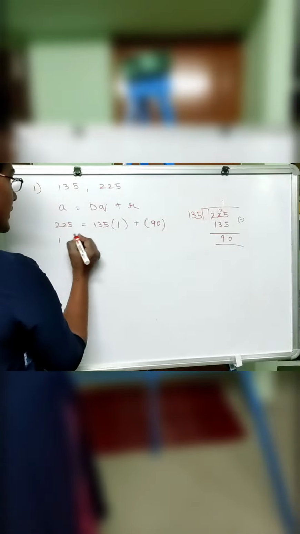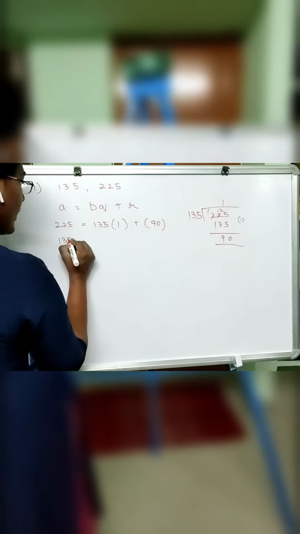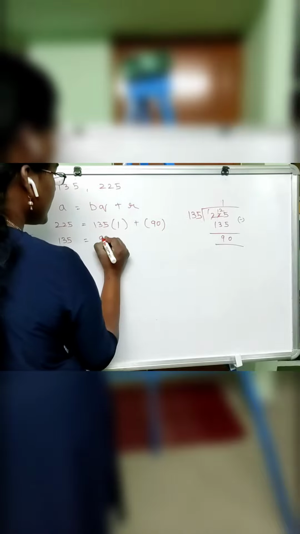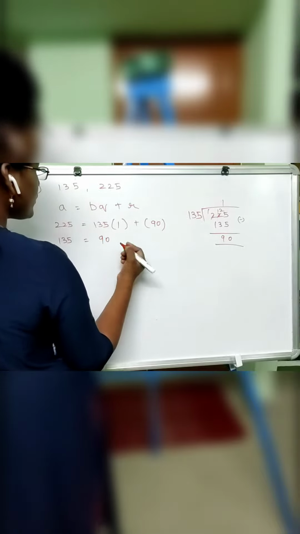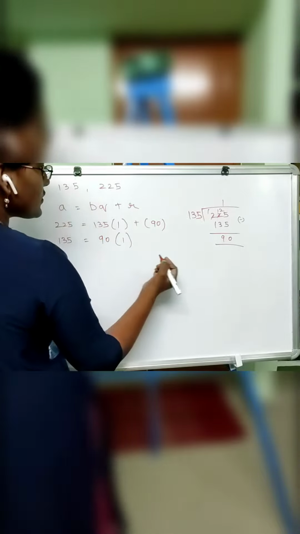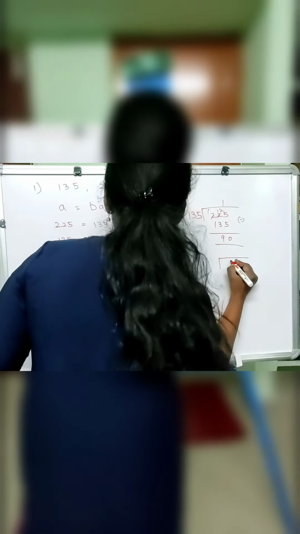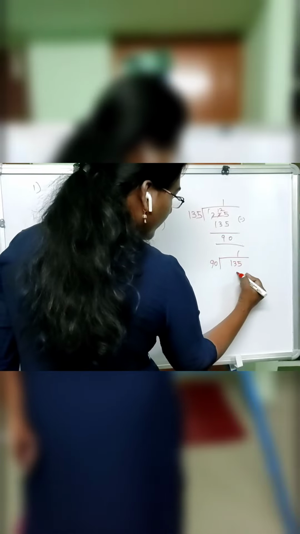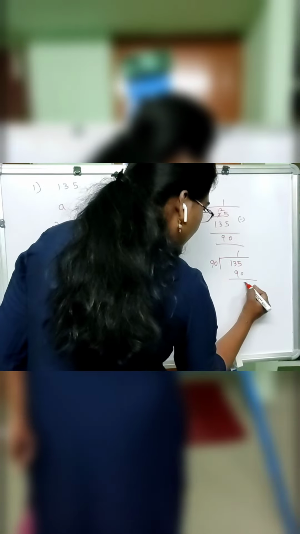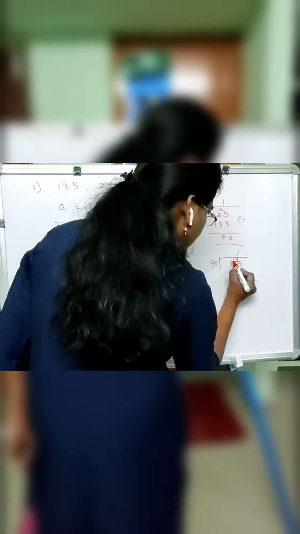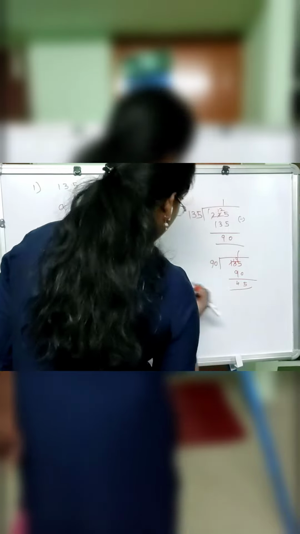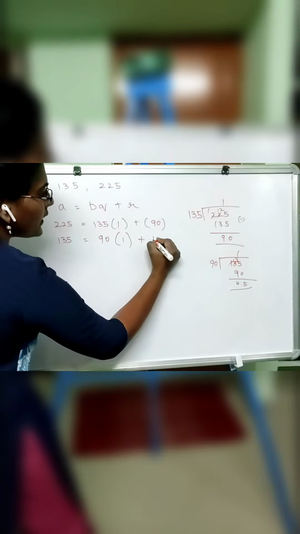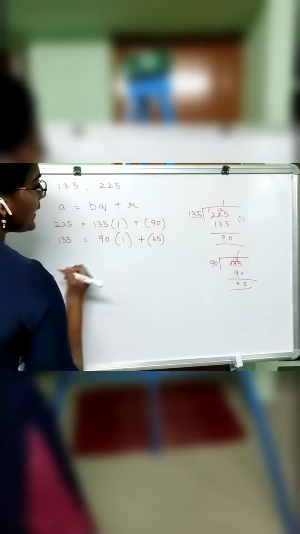Now I am going to take 135 as the A and 90 as B, that is the smaller number. Now what quotient will I get again? 1 times the quotient, because when you divide 135 by 90, I will get 45 as my remainder.